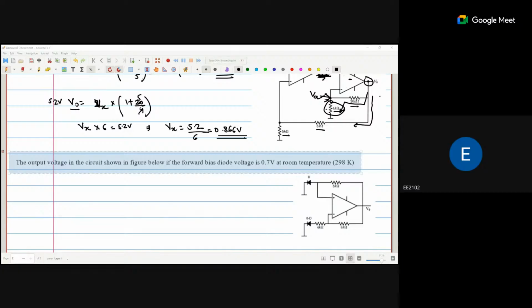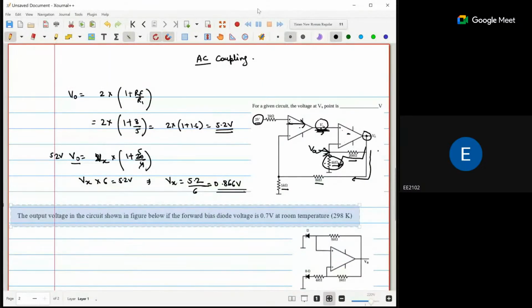Now the thing is that if you go with the week 4 content, we are using the formula with the diode.